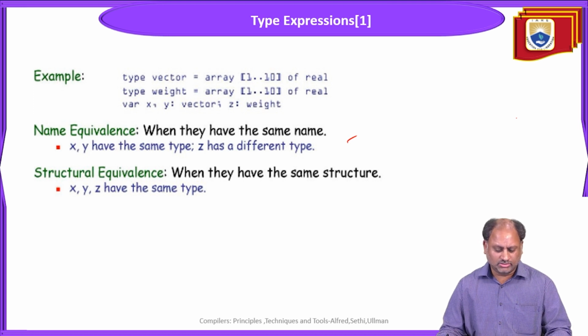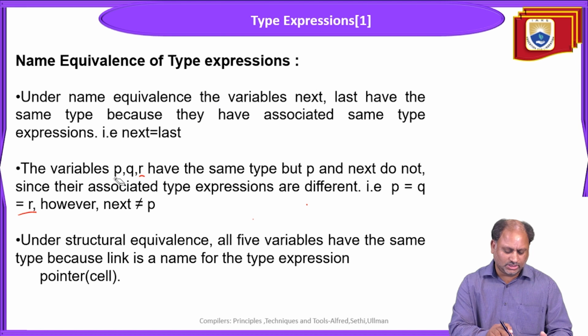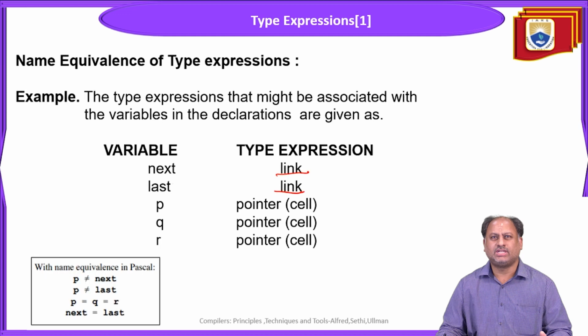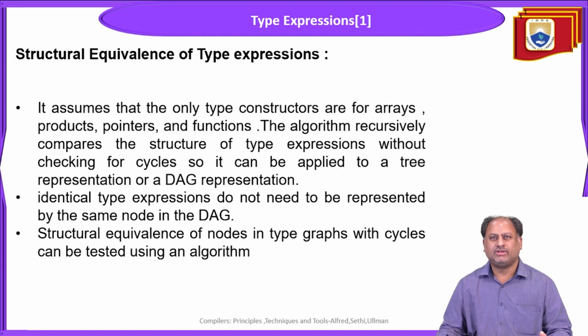So like this, we are going to verify the cases, whether both expressions match the same type expressions, then we can say that it is structural equivalence, else we can say that it is name equivalent. By using the graph notation also, you can easily identify this.